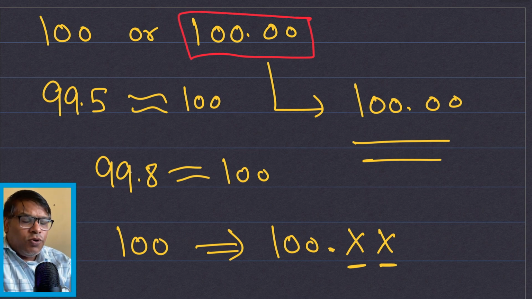So 100.00 is telling you that at the first and second place after the decimal there is 0. You are getting surety. So I will make things more clear.